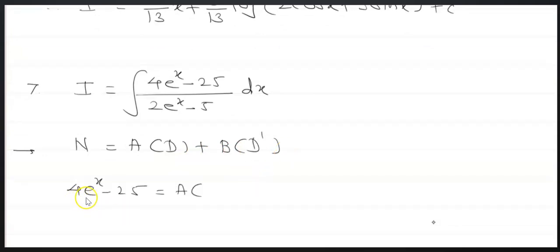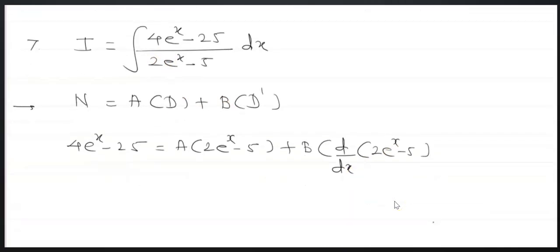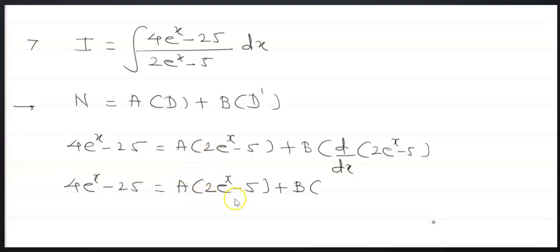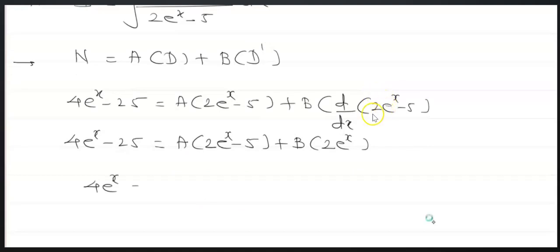Now 4 e raised to x minus 25 is equals to a into 2 e raised to x minus 5 plus b into the derivative of the denominator. The derivative of e raised to x is e raised to x. Therefore I am writing here d dx of 2 e raised to x minus 5. Therefore 4 e raised to x minus 25 is equals to a into 2 e raised to x minus 5 plus b into the derivative, that is the derivative of 2 into e raised to x is 2 e raised to x.